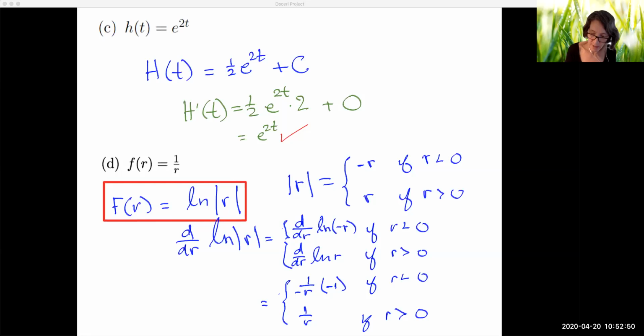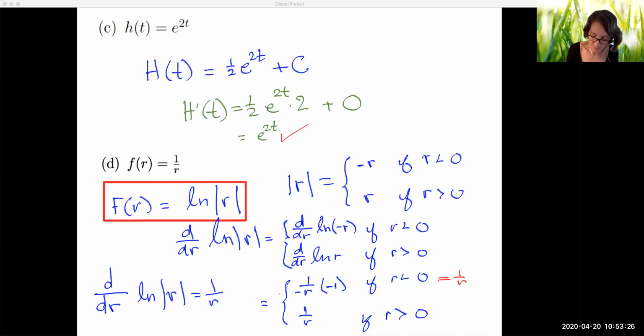Notice that in both cases, 1 over negative R times negative 1 means it's 1 over R. So in both cases, we get 1 over R. So the derivative, sorry, my handwriting is bad, d dr of the natural log of the absolute value of R is always going to be 1 over R.